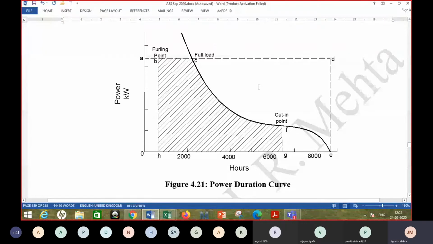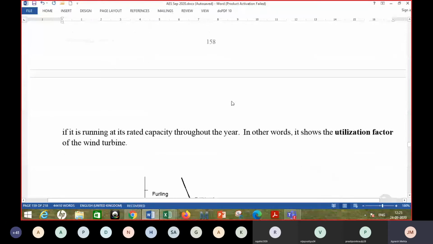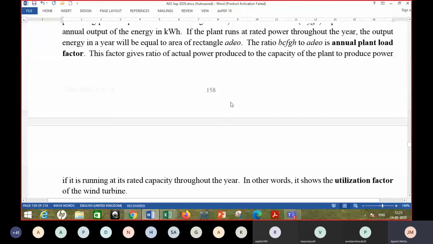So if you take the ratio of these values B, C, F, G, H, this shaded region divided by this rectangle, what you get is the annual plant load factor or utilization factor.